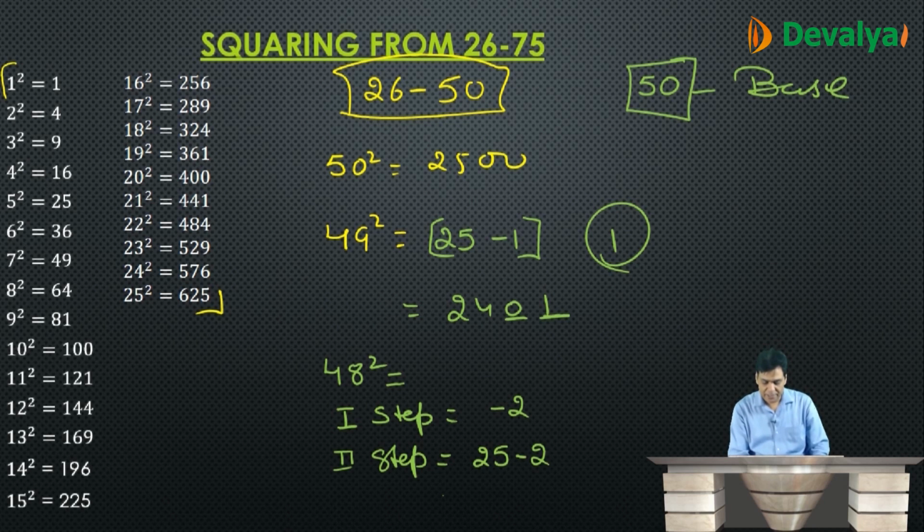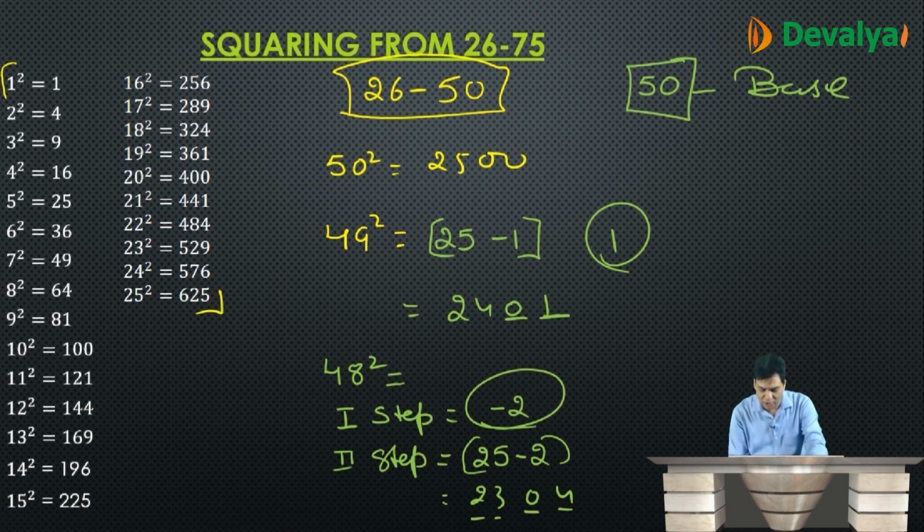That would be 23. So this 23 is the first two digits. In order to get the last two digits, I simply add the square of the difference, that is 04. So the answer is 2304. Got it?